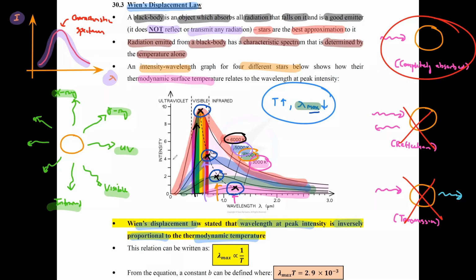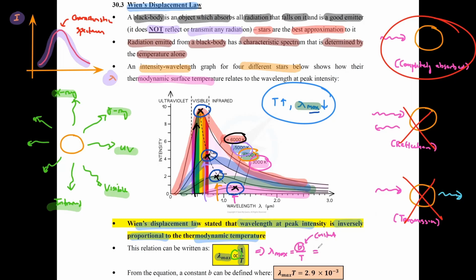Now, for Wien's displacement law, if you want to write it in the form of an equation, it will be lambda max inversely proportional to T. If you then want to get rid of the proportionality sign that you see here, what you need to do is that you will have to introduce a constant where lambda max equals B over T. Let's assume that the B here is actually your constant.